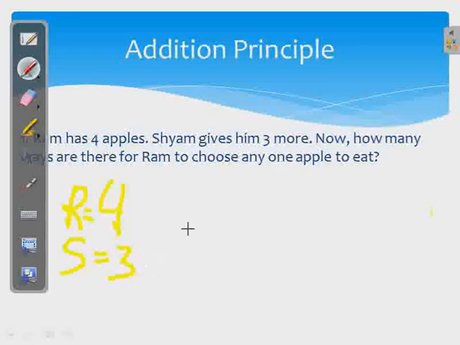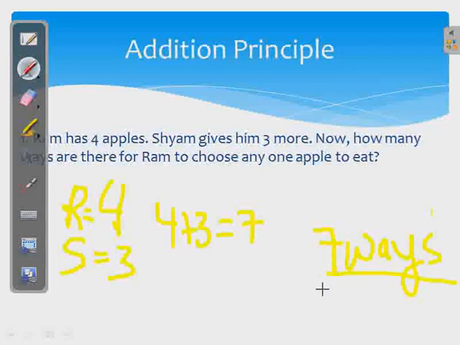So Ram has now 4 plus 3 equals 7 apples. Among those 7 apples, how many ways will Ram have to choose any one apple? Obviously he will have 7 ways, he can choose any one of them. So the answer is Ram will have 7 ways to choose any one apple, and that is the principle of counting.